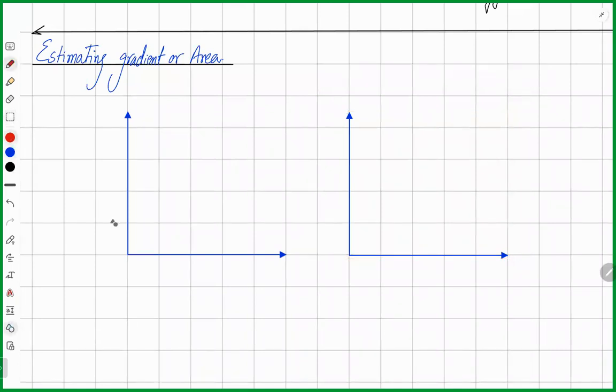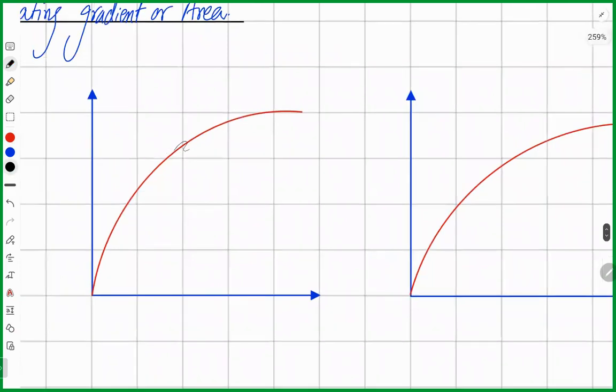One is a curved graph like this, and another is a curved graph like this. And in this case, the examiner gives you a point, for example, this point P, and the examiner wants to know the exact gradient at point P.